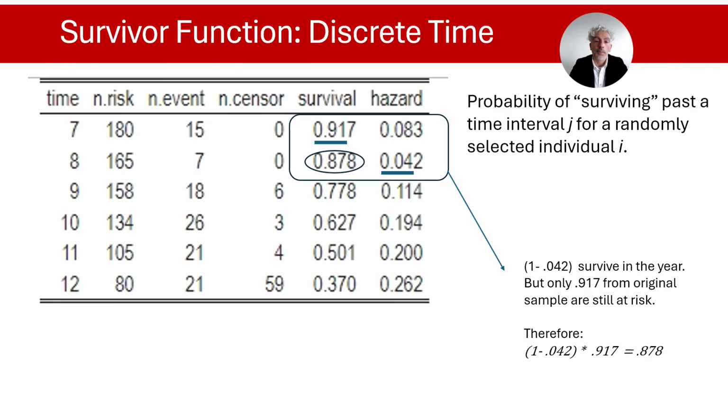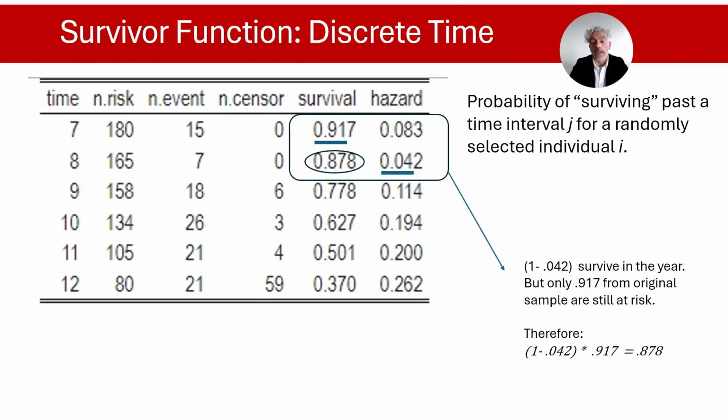And in the example of the study of first sexual intercourse, we can see that the probability of non-occurrence in a discrete time period like a year is calculated as the inverse of the hazard function in that interval multiplied by the survivor function of the previous period, so that we take into account the reduction in the risk set in previous intervals.